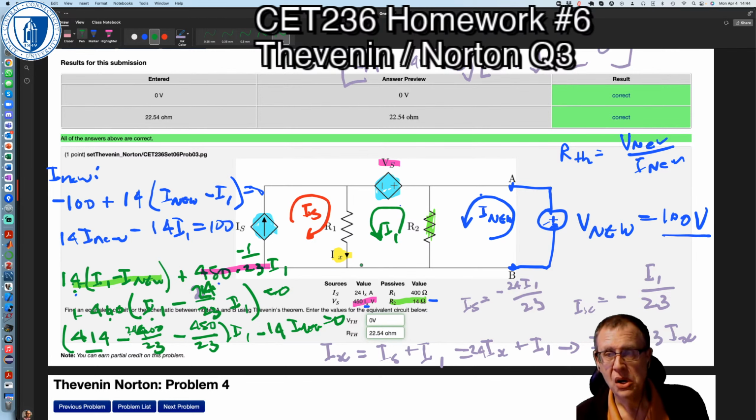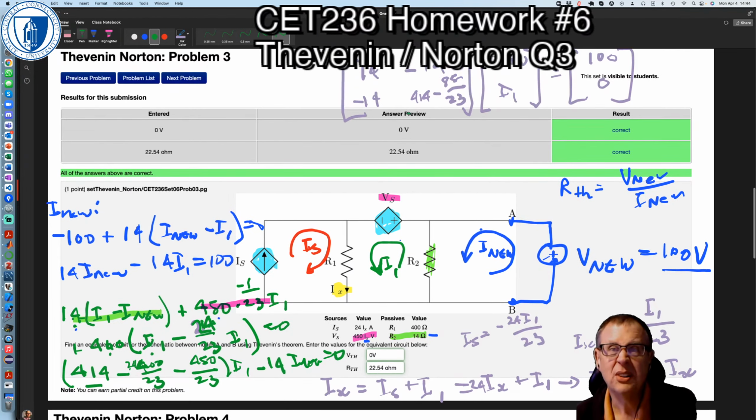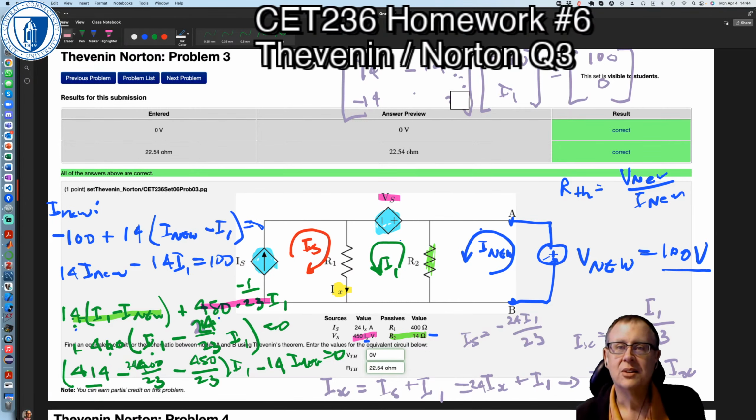And from there we can put it into a matrix. Let's see if we can write out the matrix, get the right I1 coefficient, right? So the first one is 14 I nu minus 14 I1 equals 100.